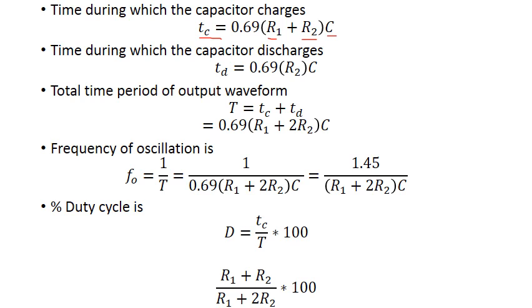C is the capacitor. Time during which the capacitor discharges. This is for the duty cycle more than 50%. In the discharge path, resistor R2 is there. This is without the diode in the circuit. So discharge time TD is 0.69 into R2 into C.